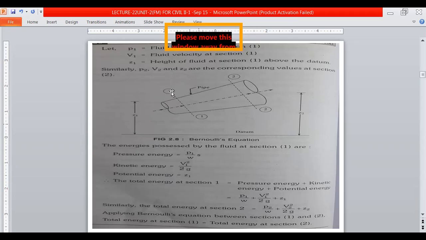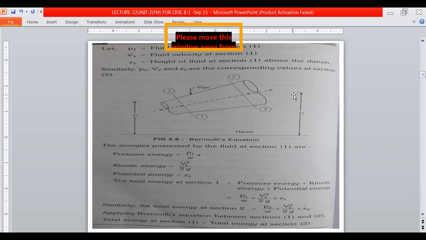We have taken section 1. Next, V1 is the fluid velocity at section 1. Z1 is the datum height of the fluid at section 1. The datum line is the base line below. From this base line up to the axis at the end of this pipe, that is nothing but the datum height. The Z1 is equal to the height of the fluid at section 1.